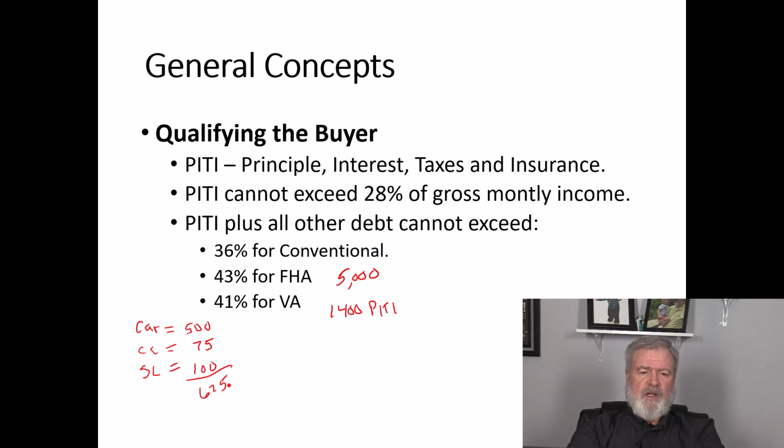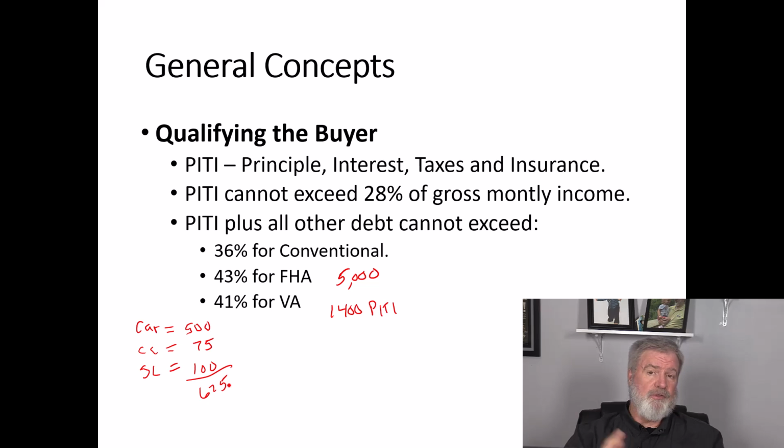But here's what my concern would be. If you're doing a conventional loan, your PITI payment plus all other debt would be $1,800 a month. Okay? 36% of 5,000 is $1,800.